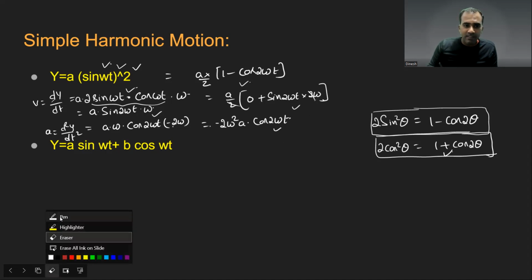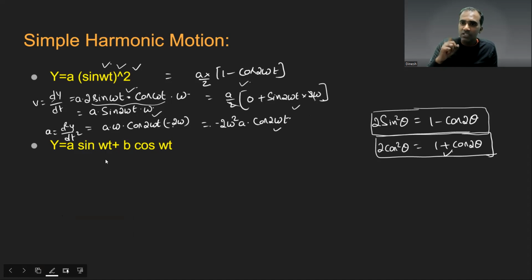If you want to say whether it is SHM or not, you should know the relation between acceleration and displacement. So instead of cos, you should write something like y. If you can express this equation in terms of y, then you'll get the relation between a and y. You know what cos 2 theta is? Let's try to express it in terms of sine. Cos 2 theta can be written as 1 minus 2 sine square theta.